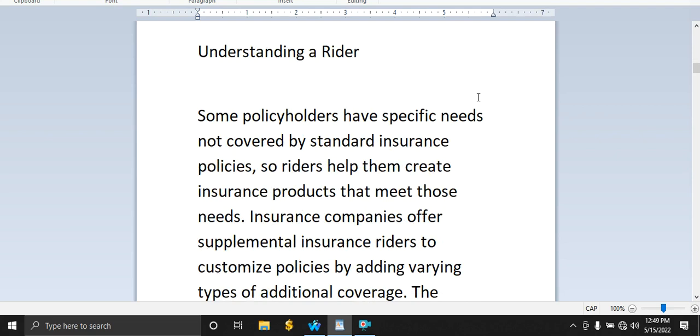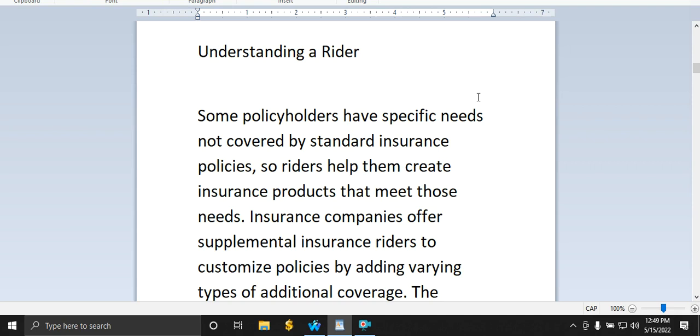Some policyholders have specific needs that are not covered by the standard insurance policy, so a rider helps them create an insurance product that meets those needs.